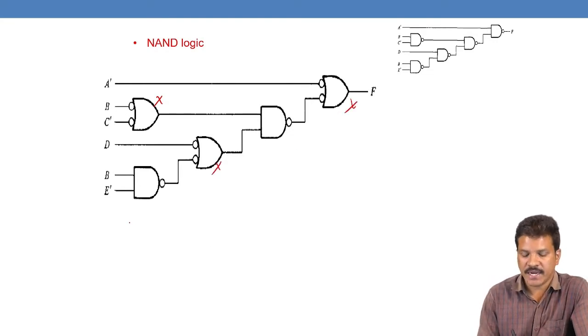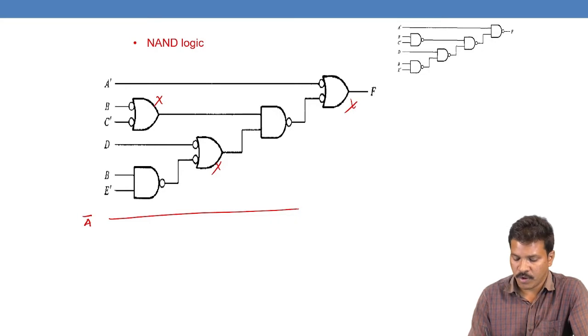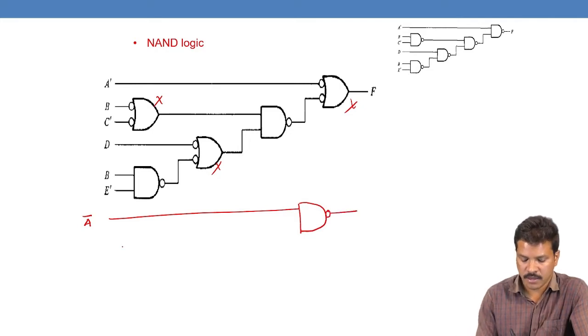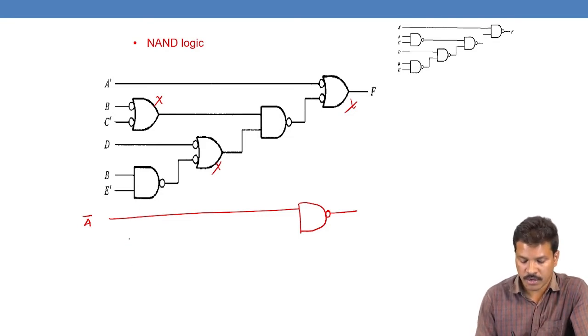When we replace the bubbled OR with NAND, then the entire diagram becomes this one: A bar, the bubbled OR becomes NAND, and here also we can take the bubbled OR, which is nothing but a NAND gate.